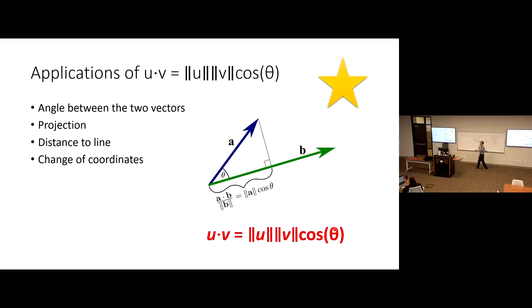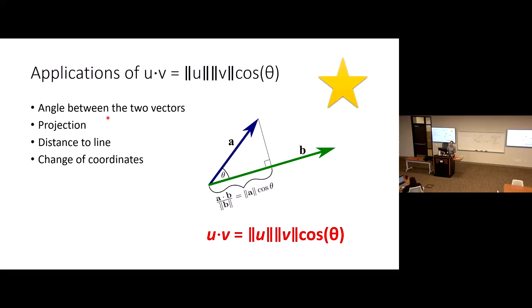If I give you A, how long it is, then you project on B. You can have the coordinates of A if you use B as an x-axis. I don't know if you understand this, but this is the idea of a projection. So you use this relationship to find the projection, the length of this projection.